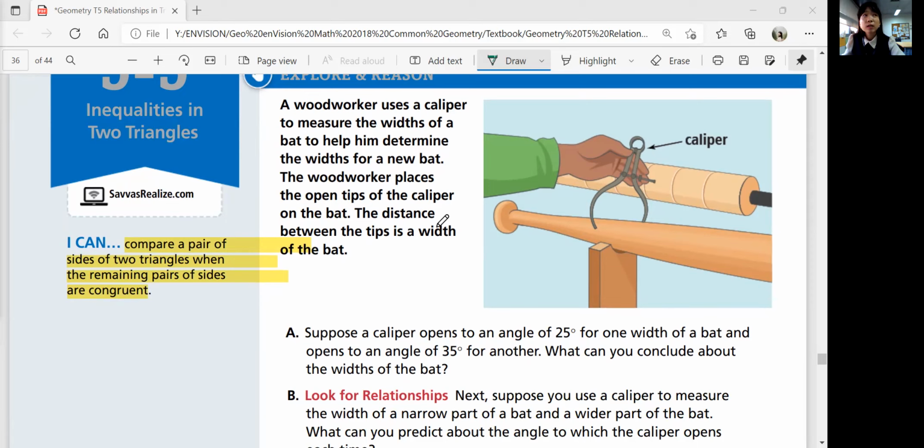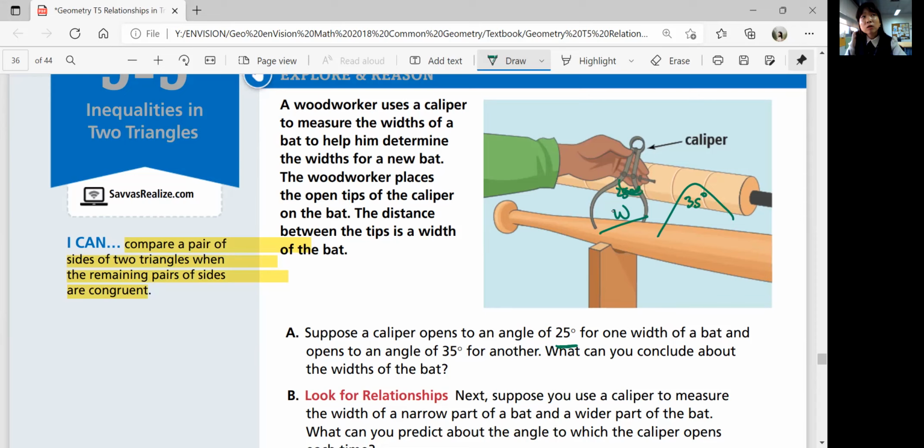Okay, we know that the distance between the tips is the width of the bat, right? This is the width. So if it opens at a 25 degree angle here, and then a 35 degree angle over here, how could the widths change?